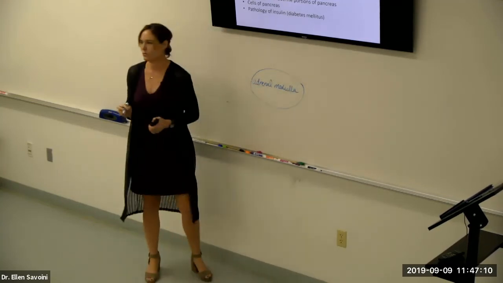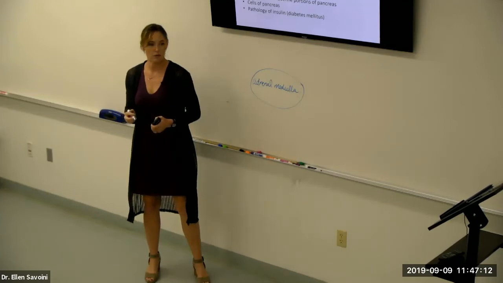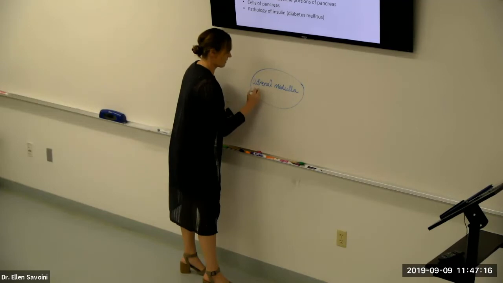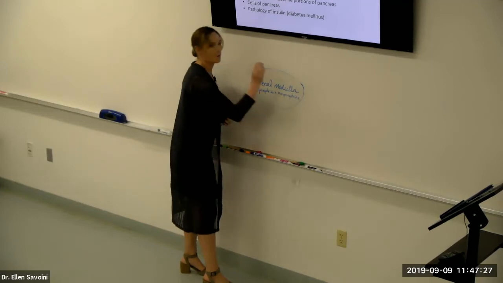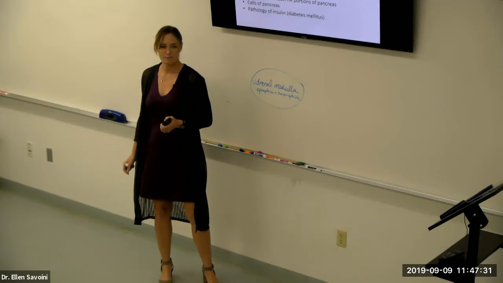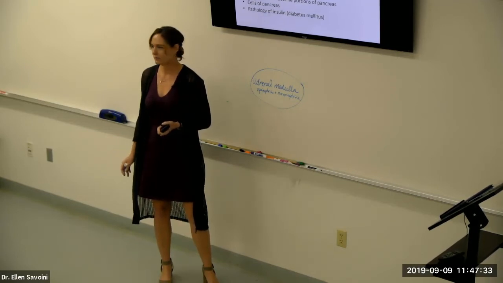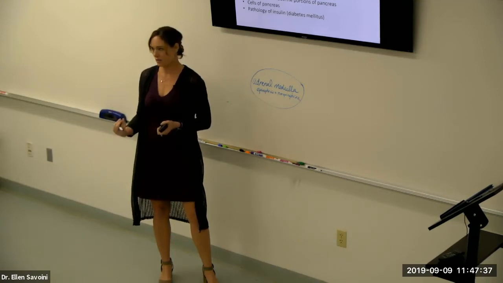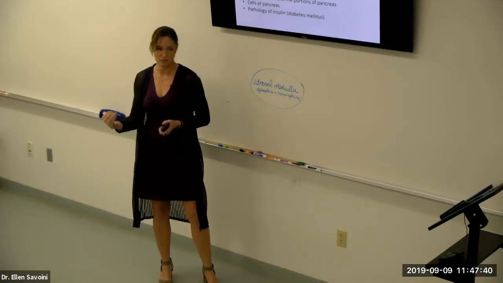What hormones does the adrenal medulla release? Epinephrine and norepinephrine. What is the job of epinephrine and norepinephrine, or what is its action? It is the fight or flight response. It's part of our autonomic nervous system, the sympathetic nervous system portion.